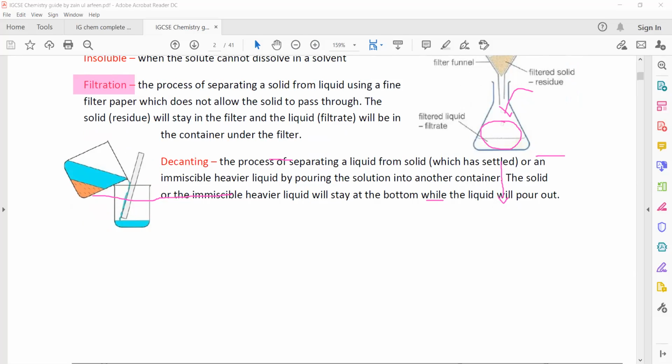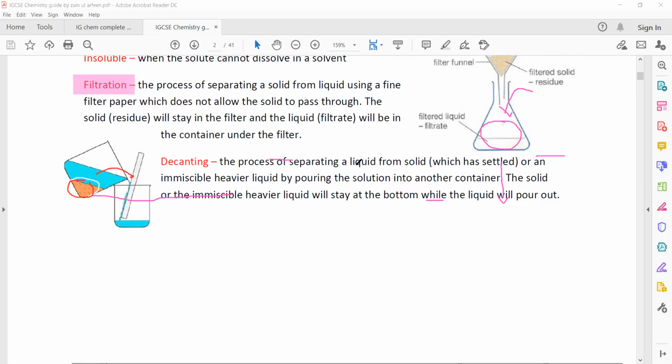Here, the same idea: we will have a mixture of, for example, sand and water. We first allow the sand to settle down. Once the sand has settled down, we will gradually transfer the liquid to another container.